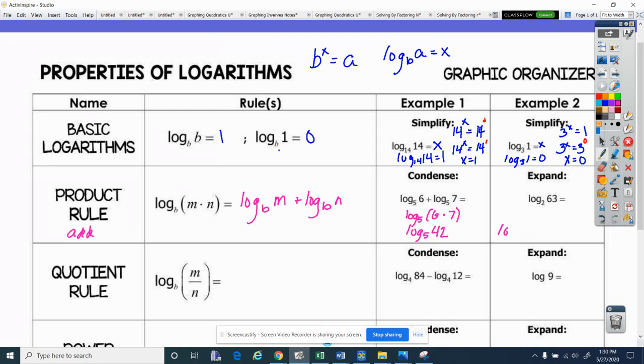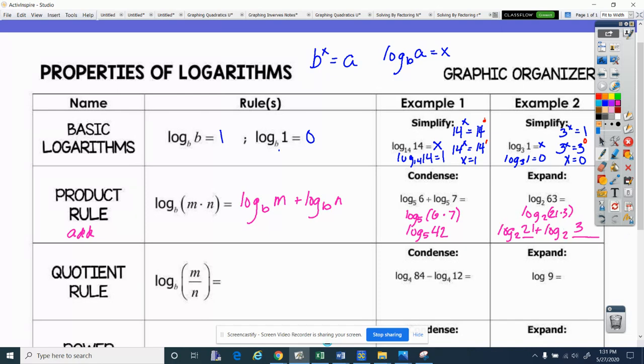And what number can go in here? Well, I need to figure out 2 numbers that multiply to 63, and I can come up with any 2 numbers. I'm going to say, let's do 21 times 3. So log base 2 of 21 plus log base 2 of 3.